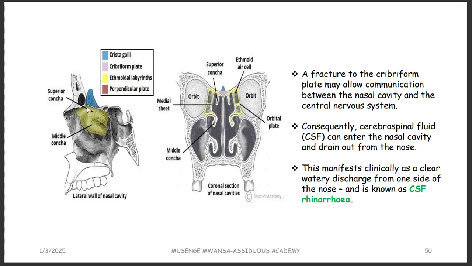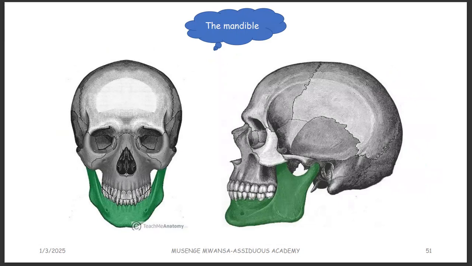So what happens if you injure the cribriform plate is that cerebrospinal fluid will start moving from the central nervous system and dropping into the nose, and that is known as CSF rhinorrhea. Okay, rhinorrhea. This is where someone is having a running nose. So there is a running nose if there is a break here, and we are going to see this as a white fluid that is draining, or a clear fluid that is draining.